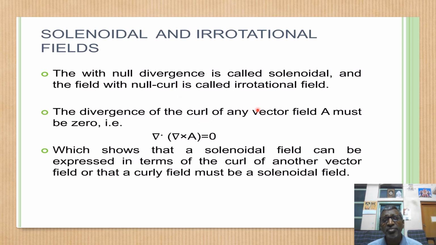The divergence of the curl of any vector must be 0. That is, del dot of del cross A is always 0. Since the divergence of the vector point function del cross A remains 0, we call such a field solenoidal, which shows that a solenoidal field can be expressed in terms of the curl of another vector field, or that a curl field must be a solenoidal field.